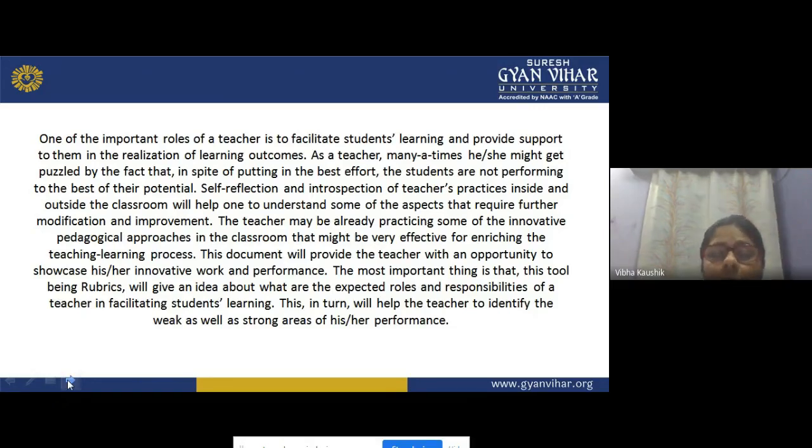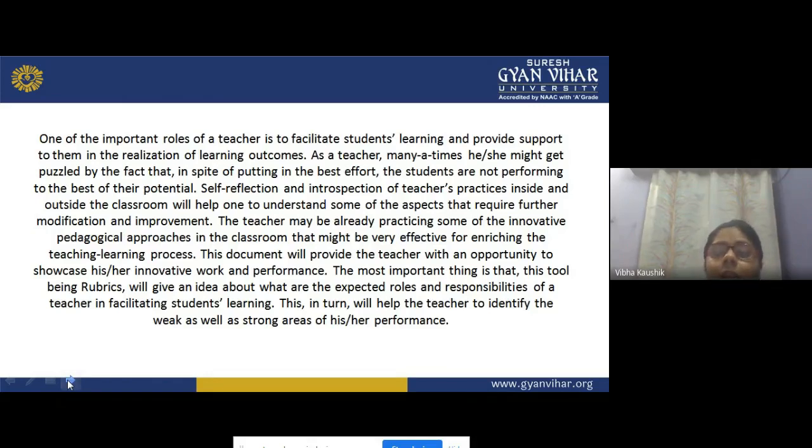This document will provide the teacher with an opportunity to showcase his or her innovative work and performance. It gives the teachers an opportunity to showcase that these innovative methods were used during the teaching learning process, and that there is an improvement in the students.